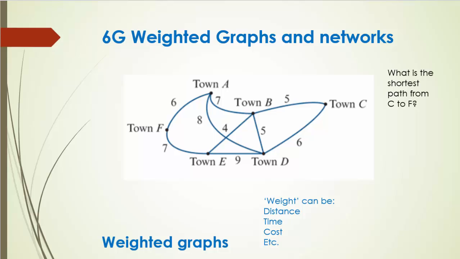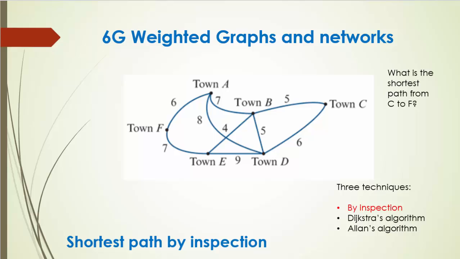There are various ways of approaching the problem. You could just do it by what we call by inspection, where you just look and find the shortest path and hope that you are correct. Or more professionally, you need some kind of what is called an algorithm, which is a way of not only working out which is the shortest path, but also of proving that all the other options are longer.